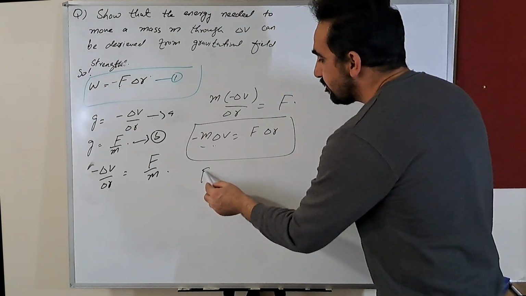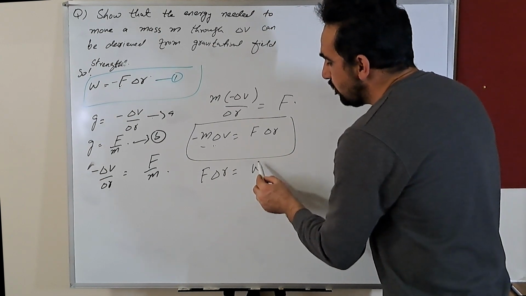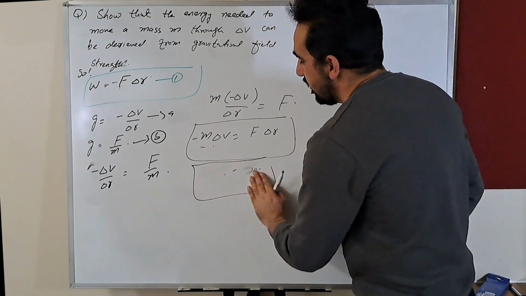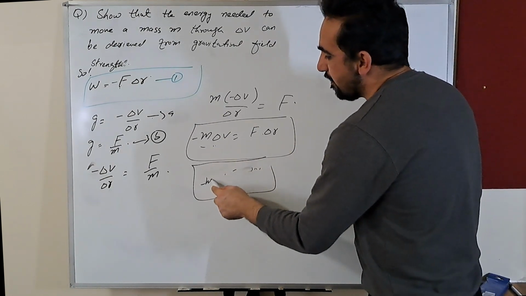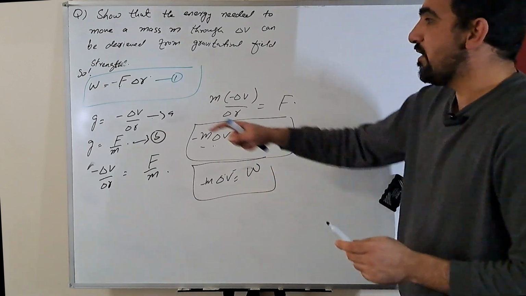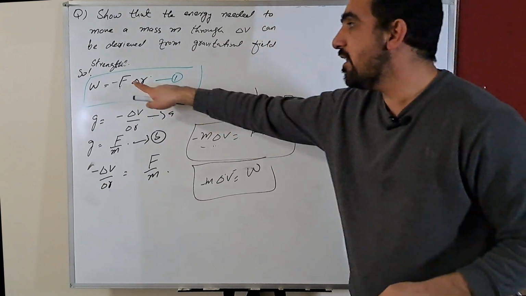So F delta R is equal to work done. Or sorry, we can say from here minus M delta V is equal to work done. So we are using this equation to replace this by work done.